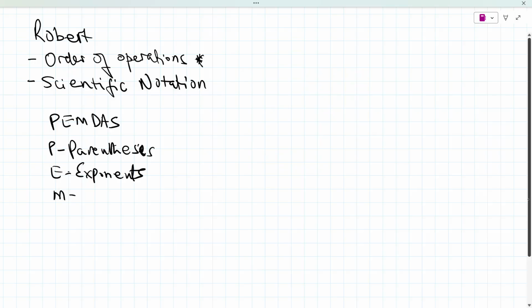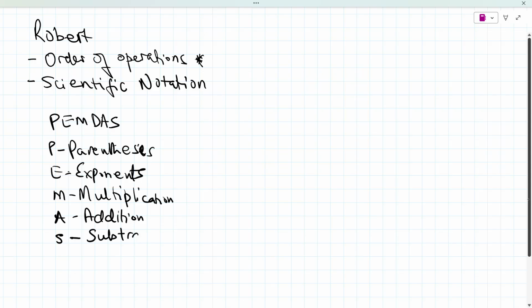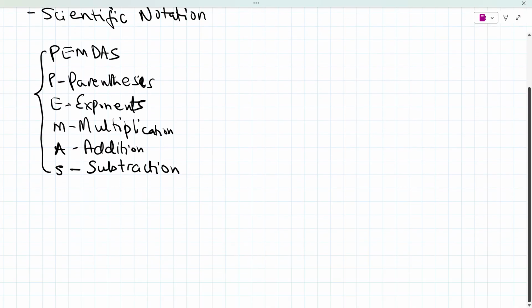M stands for multiplication. A stands for addition, and S stands for subtraction. So this is the order in which we solve our mathematics equations or problems.